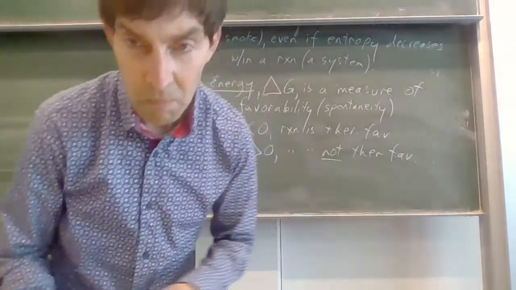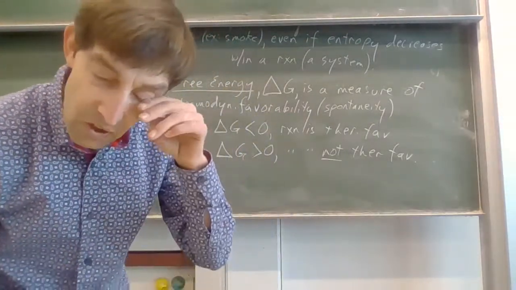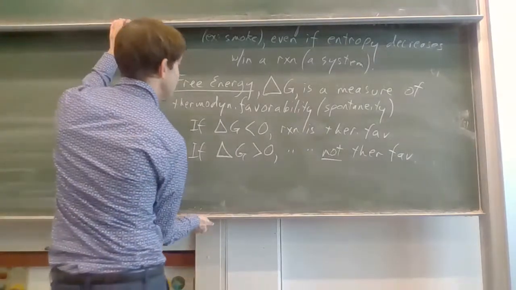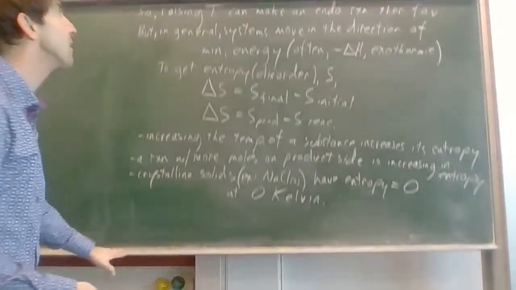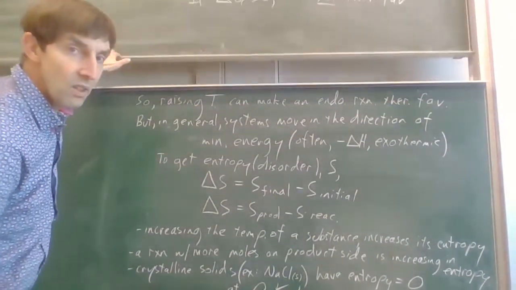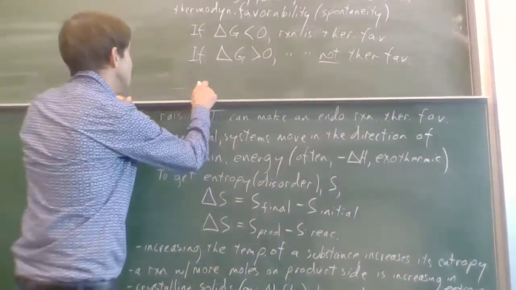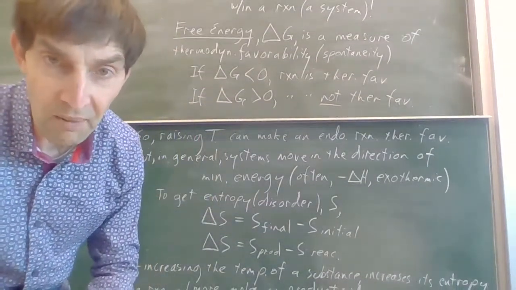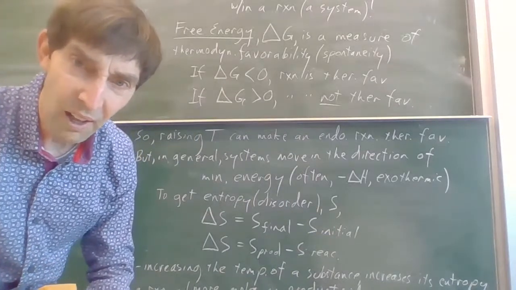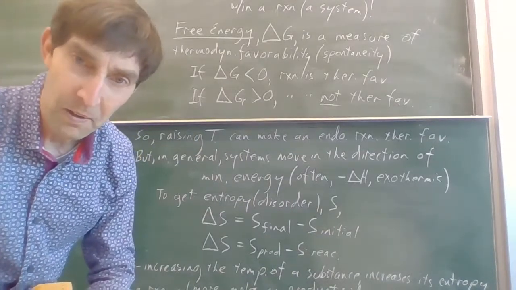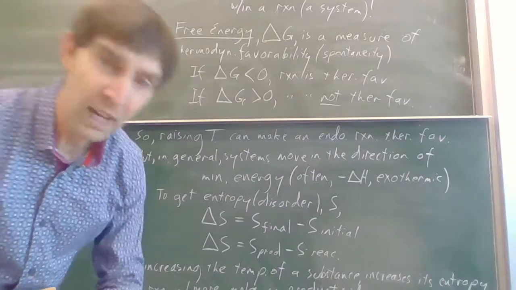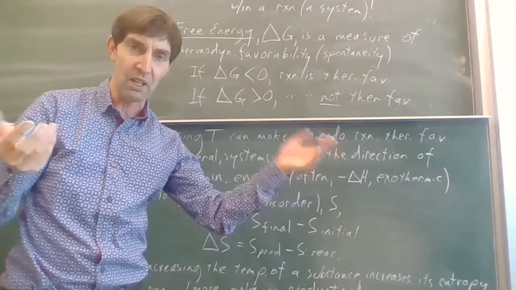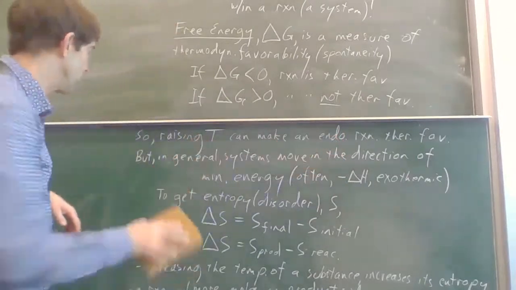Okay, so you're probably wondering what the heck this delta G thing is. So that's where I got to let you catch up, and then I've got to tell you what that is. Delta G is a beautiful thing. It's telling you who wins, minimum energy or maximum randomness. So delta G is weighing these two and says, you're the winner or you're the winner.